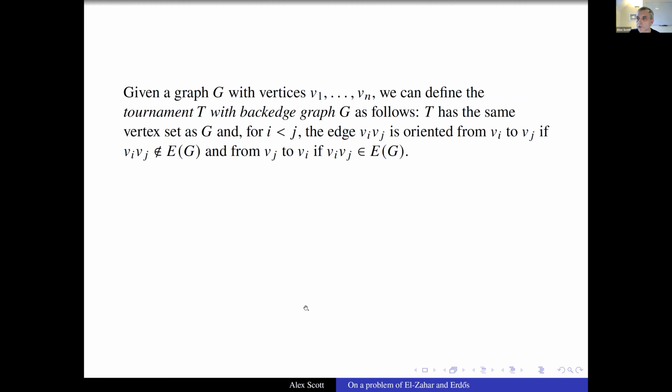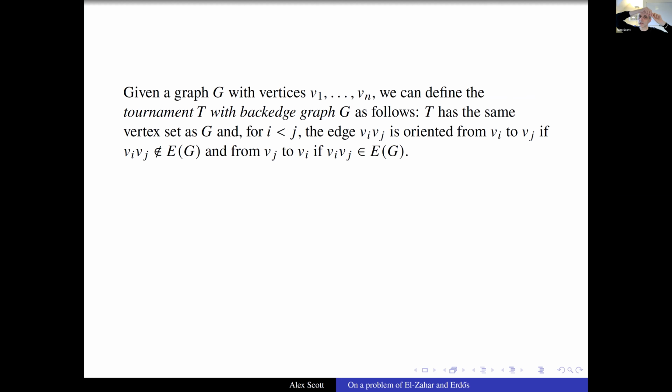So there's a natural and very well known way to connect graphs to tournaments. Given a graph, think about some ordering on the vertex set. So the vertices are labeled V1 up to Vn, and given the graph together with the order on the vertices, you can define a tournament with G as its back edge graph, and it's exactly what you'd think.